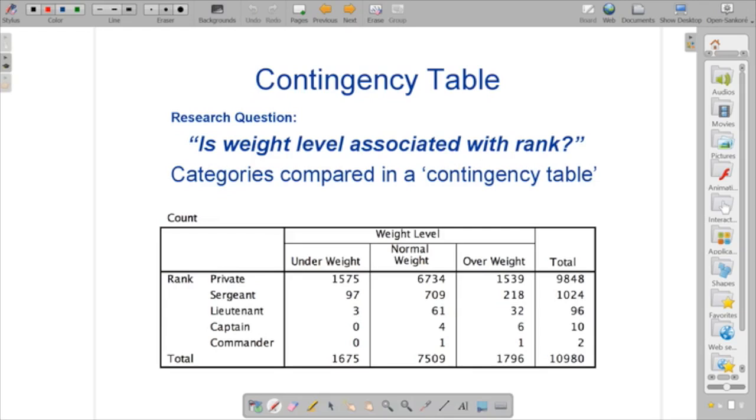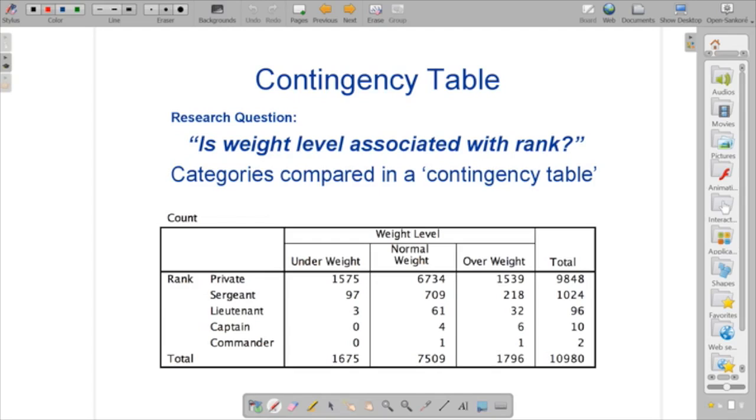What you'll see when a chi-squared test is used is the data recorded in what is known as a contingency table. In this case, I don't think it means a backup table, as you would say with a contingency plan being a backup plan. A contingency table is just a table of frequency of occurrence.